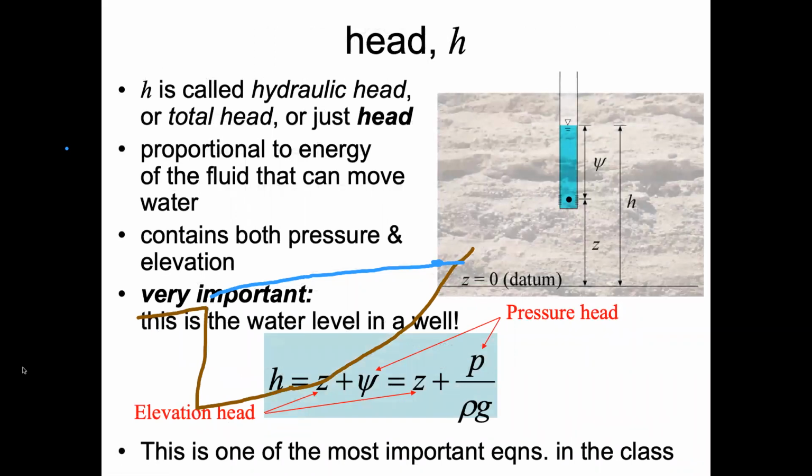So when we start to think about the water flow itself, we can begin to think of a term called hydraulic head. Hydraulic head, or total head, is often denoted by an H like this one that we see here.